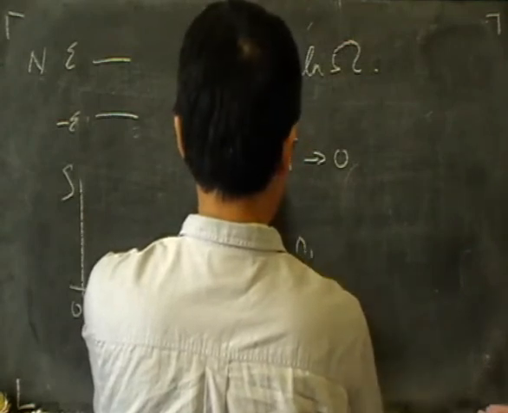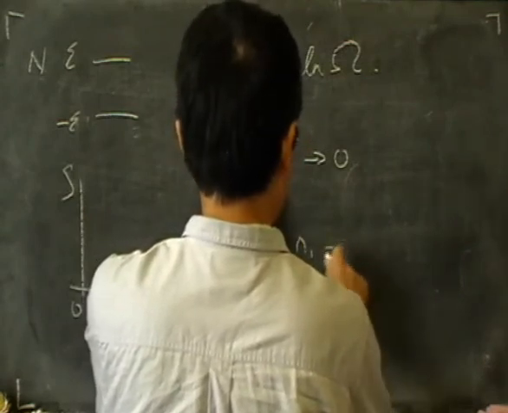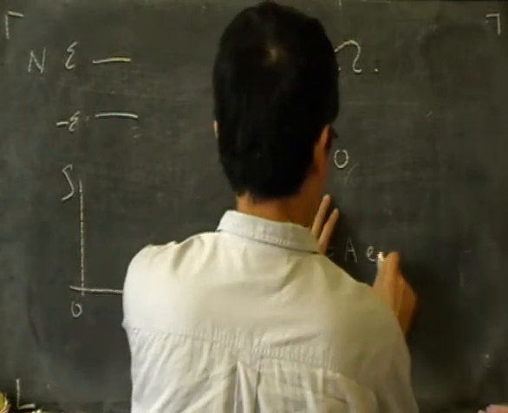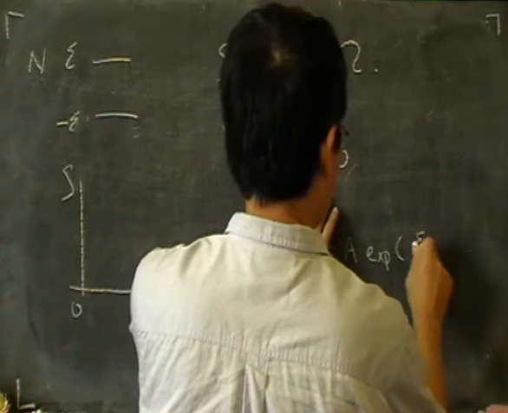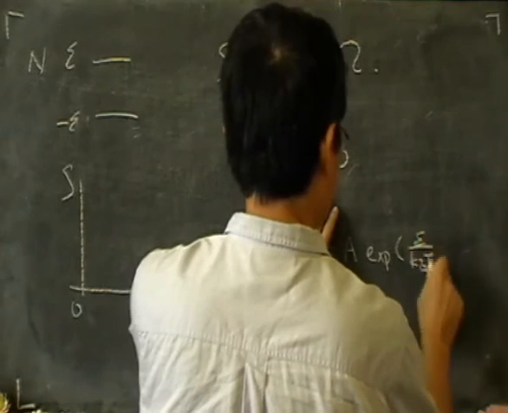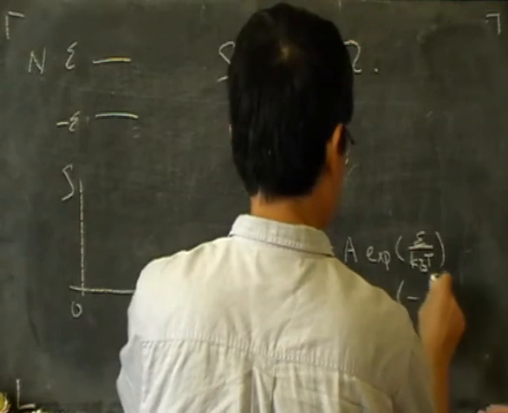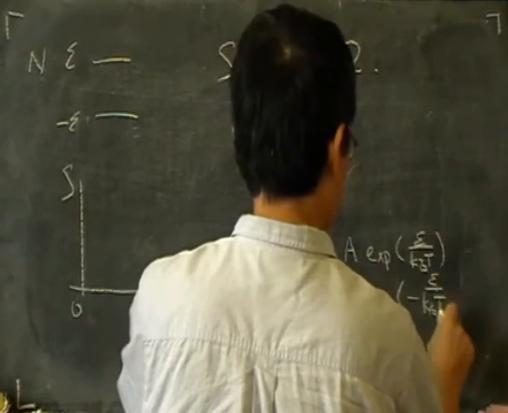So we have n1 and n2. The expressions are A exp(epsilon over kBT) and A exp(minus epsilon over kBT).